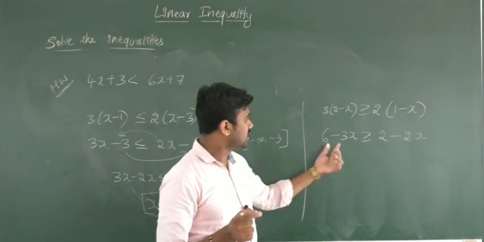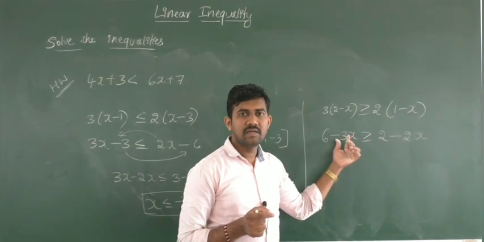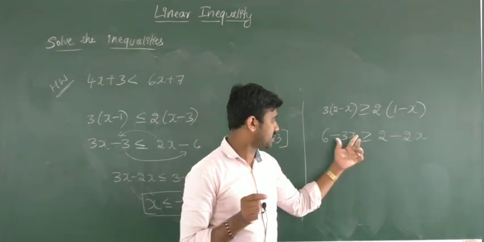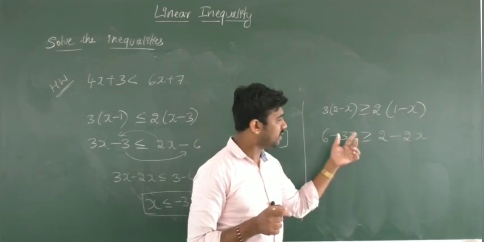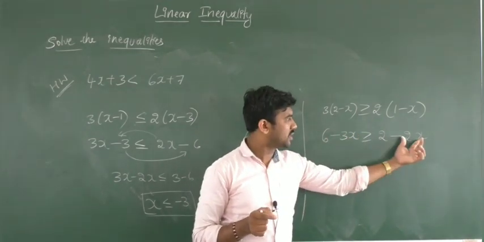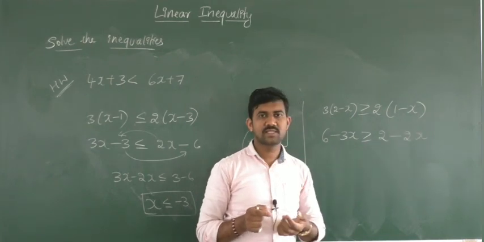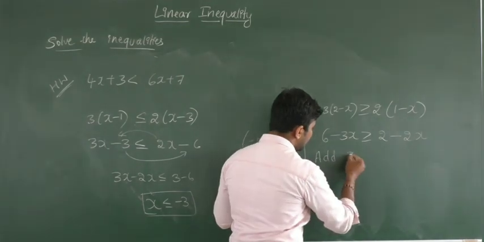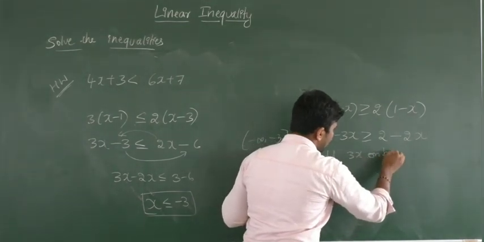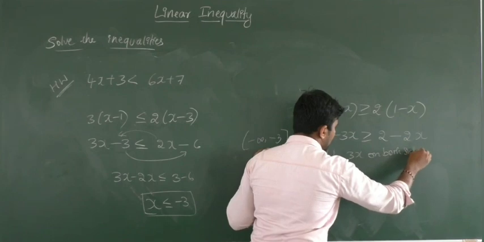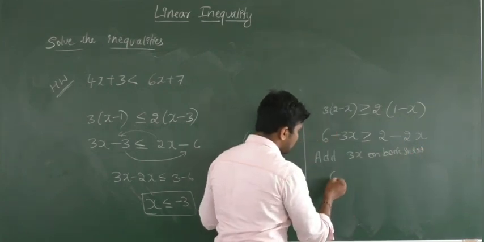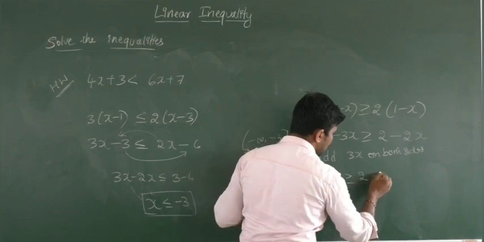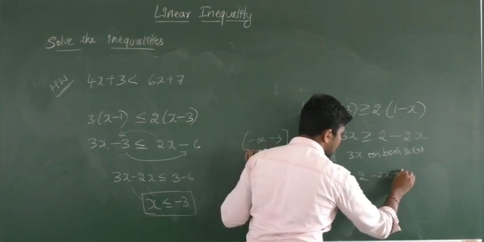Or else we can add 3x on both sides to remove this term. Then what does it become here? 3x gets cancelled. So adding 3x on both sides, what will we get? 6 greater than or equal to 2 minus 2x plus 3x.